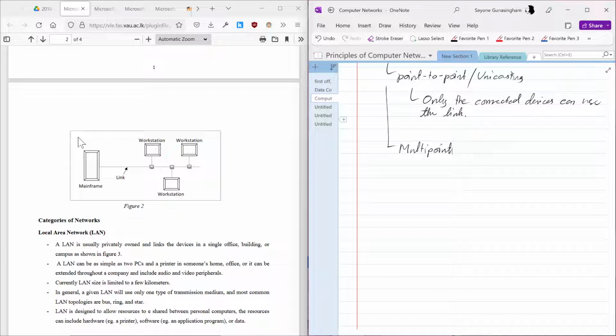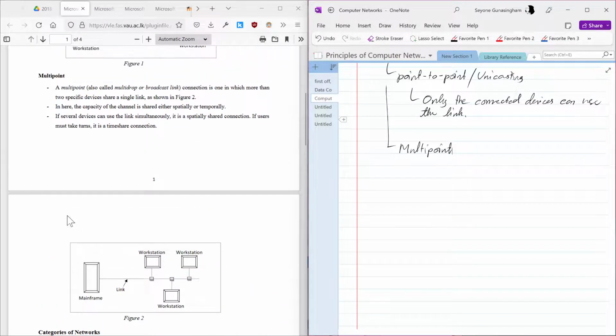Or just use a regular computer network as an example, right? A multi-point network is also called a multi-drop or broadcast link. Just two other names, right?